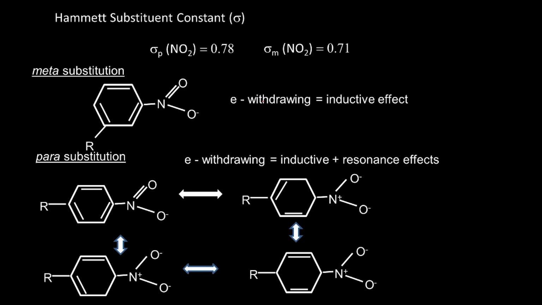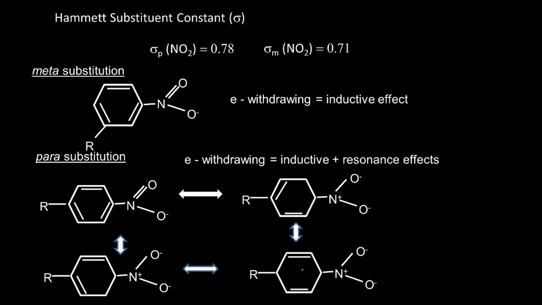For meta, electron withdrawing is through the inductive effect. When you have para substitution, electron withdrawing is through inductive plus resonance effect, because with para substitution there is a resonance that happens through the nitrogen. As you can see, the double bonds in the benzene keep moving.